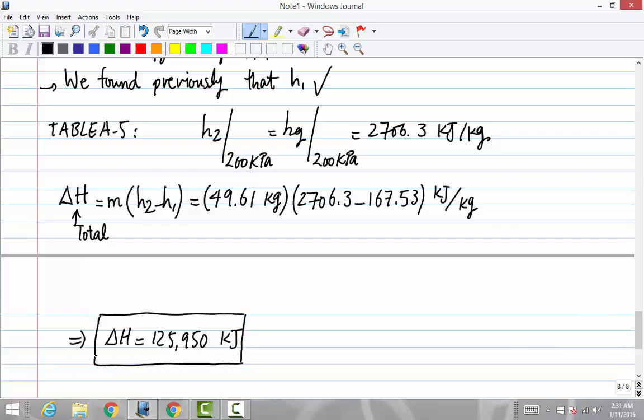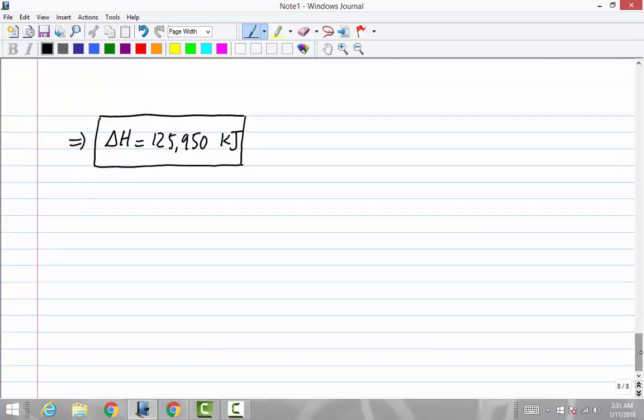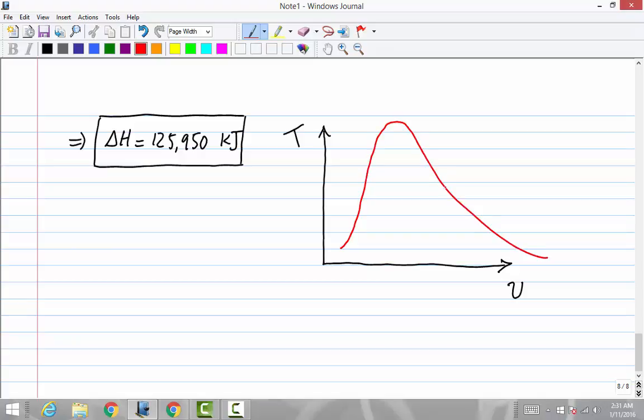And at the very end, let's draw. Okay. The T-v diagram. We know that the saturated line looks like that. Here we have saturated vapor on this line. On the other curve we have saturated liquid.